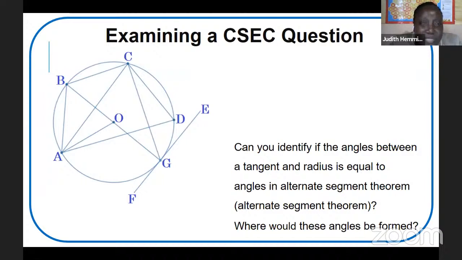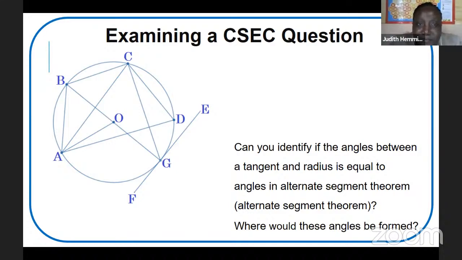I'm seeing another response here: CGE and BCG. Okay. And from YouTube we have CDB is equal to the exterior angle ABC. Could you repeat the first angle?